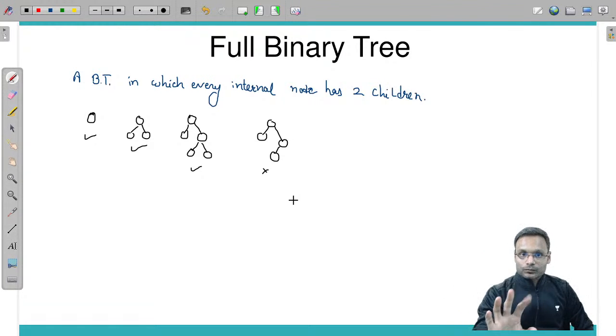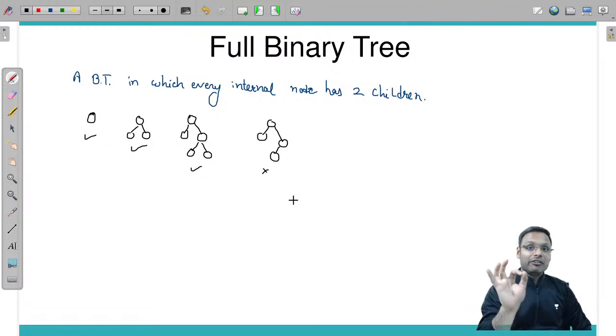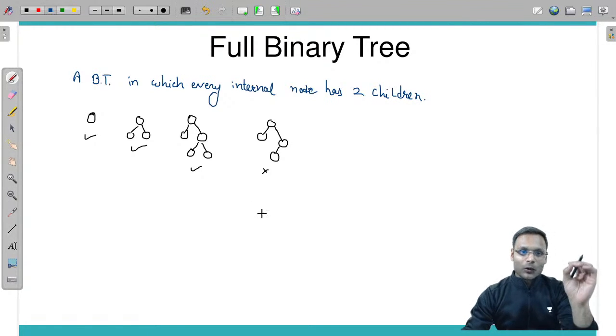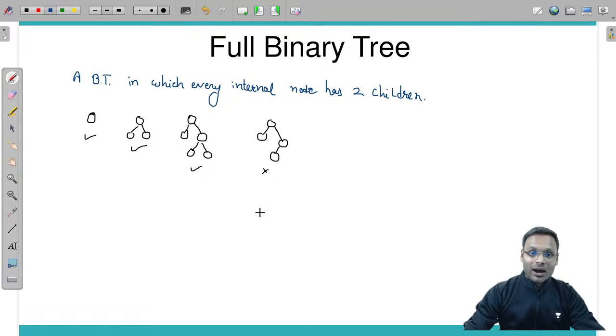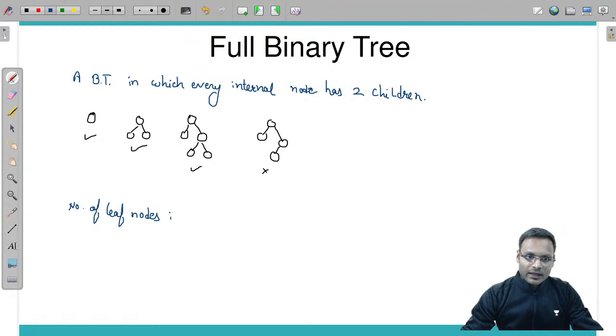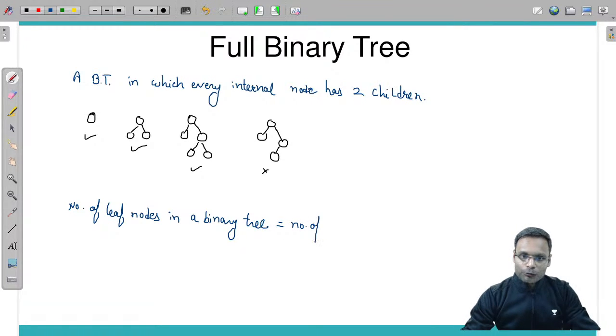Understanding. Now, if you have attended my previous sessions, I have given you one particular handshaking lemma, and in that particular handshaking lemma I have explained you this: number of leaf nodes in a binary tree is equal to number of internal nodes with two children plus 1.